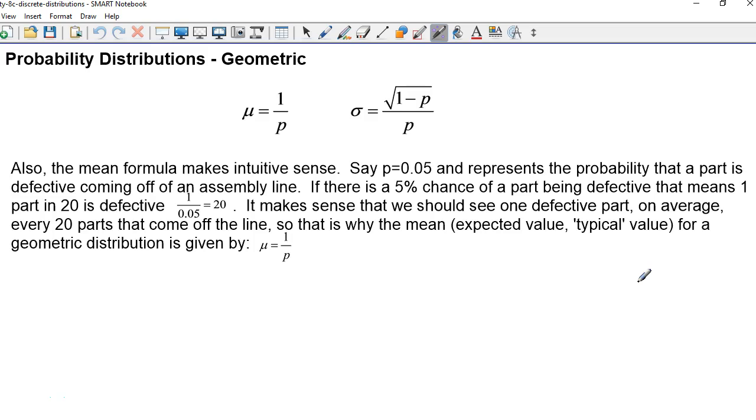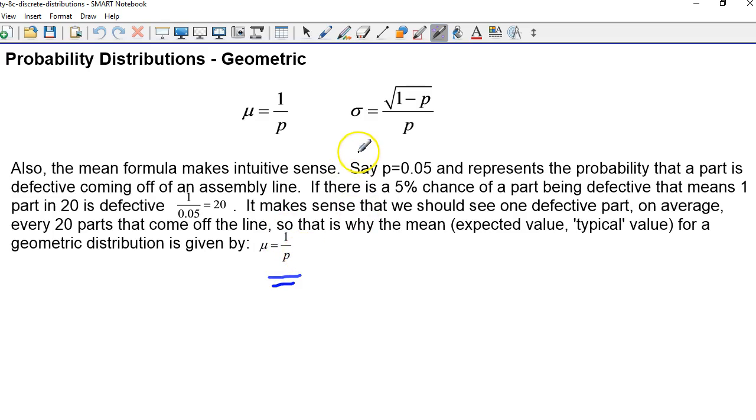So if we think about how long we would have to wait to see the first defective part, it makes sense that it would be 20 times, right? We would have to wait on average 20 times to get 1 part that's defective. Well, 20 is just 1 over the 0.05 value. So it's just 1 over p. And so it's kind of intuitive as to why the expected value, the mean, would be 1 over p.